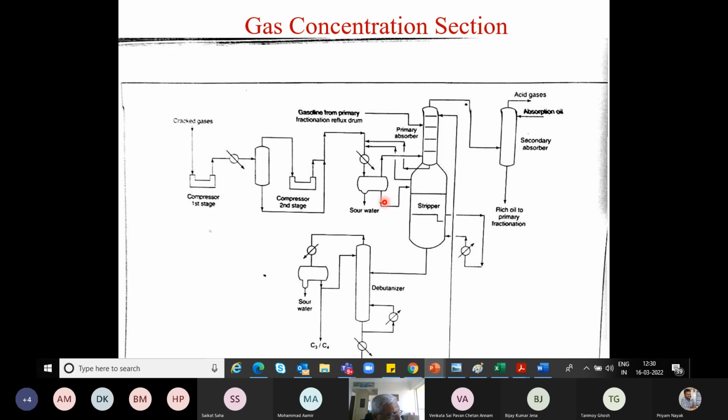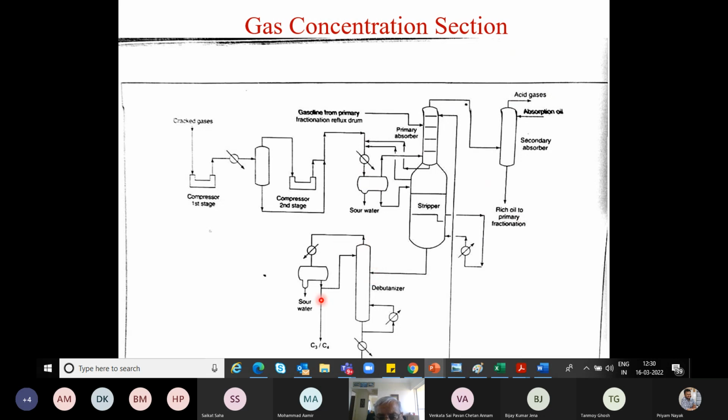This bottom liquid comes from the bottom and gets stripped in a reboiled stripper, because it would have some dissolved gases, and those gases are put back into the feed to the drum before the condenser. This stripped liquid now contains LPG and gasoline.